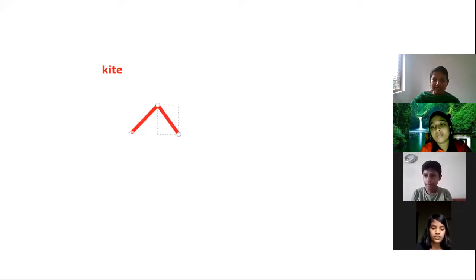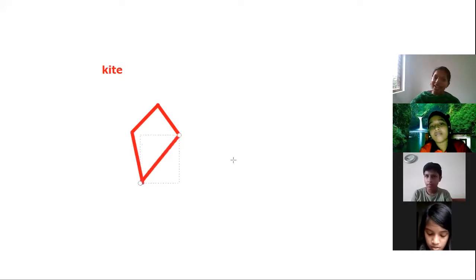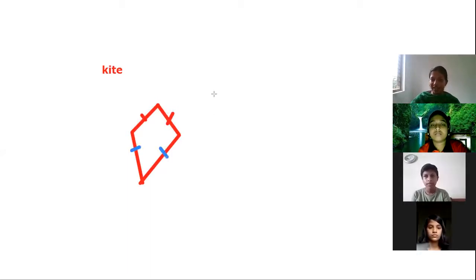Here you can see that the 2 sides are equal and I'm just drawing the other 2 sides as equal. This is the form of a kite. This one and this one are equal and the sides marked with the blue color are also equal. This is the basic form of a kite and kite is also a quadrilateral.